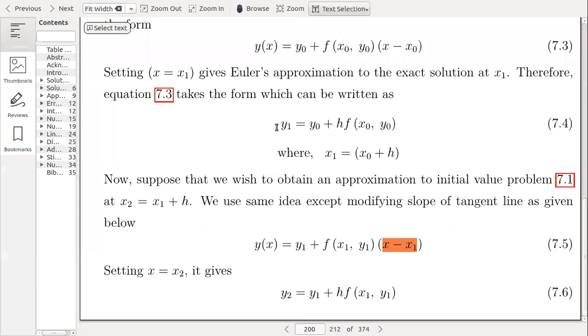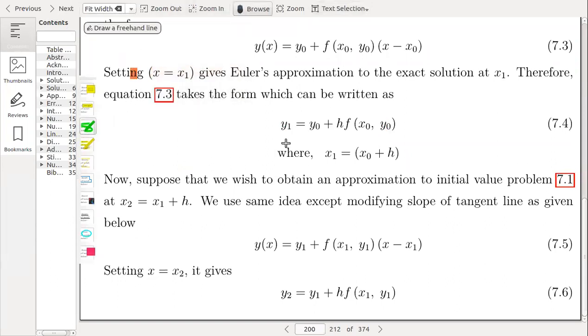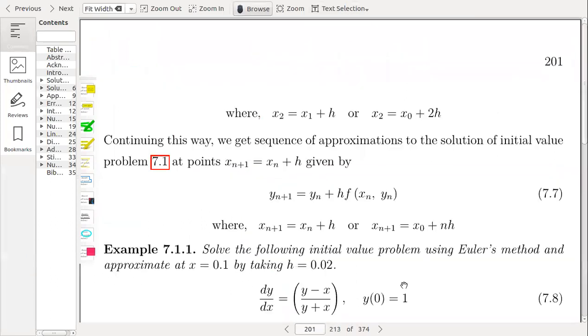So just see this one. y1 is equal to y naught plus h f of x naught, y naught, and y2 is equal to y1 plus h f of x1, y1.